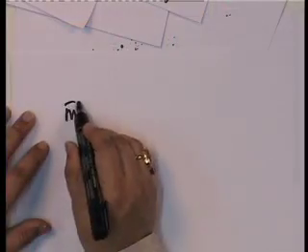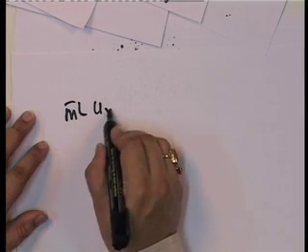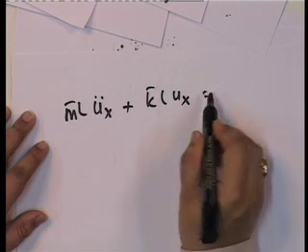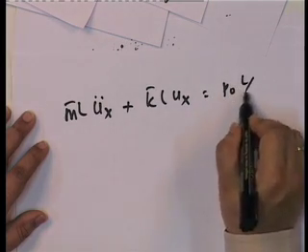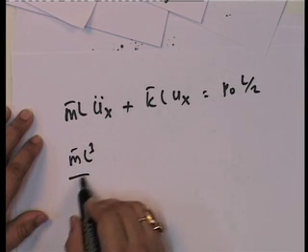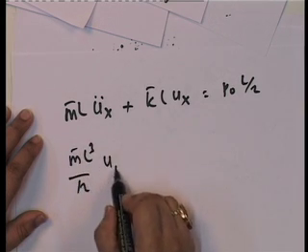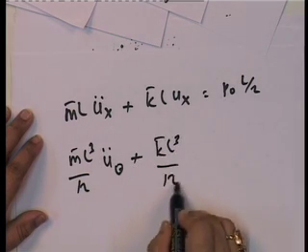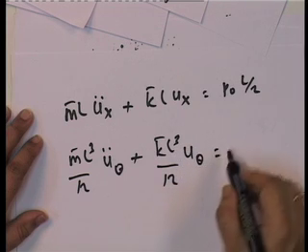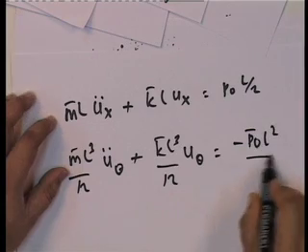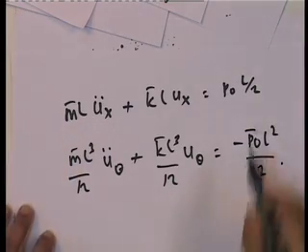The equations become this: m bar L into u x double dot plus k bar L into u x is equal to P naught L, and the other one becomes m bar L cubed by 12 u theta double dot plus k bar L cubed by 12 u theta is equal to minus P bar L squared by 12.